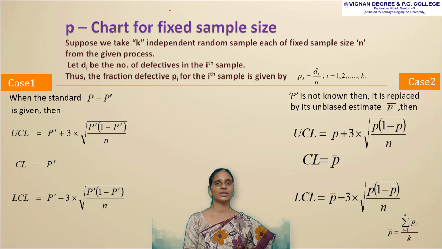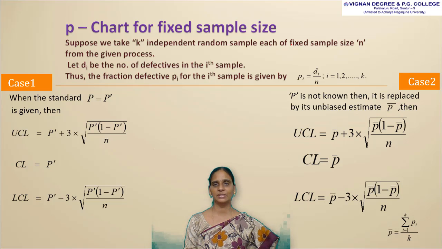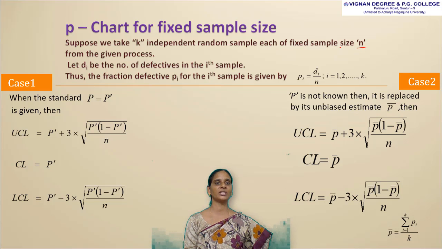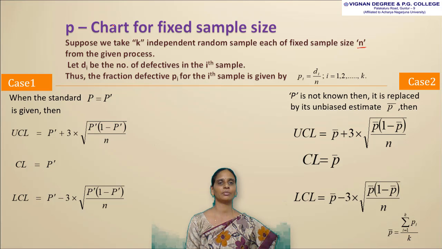Coming to the P chart for fixed sample size. Suppose we take k independent samples, each of fixed sample size small n, from the given production process. In the ith sample, the number of defectives is denoted by di.